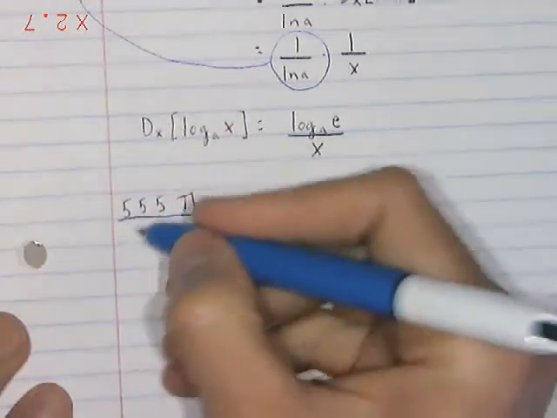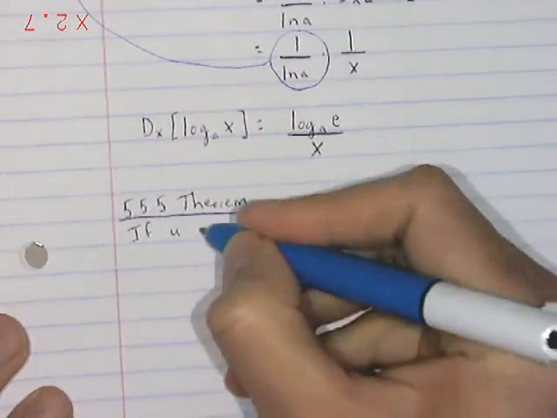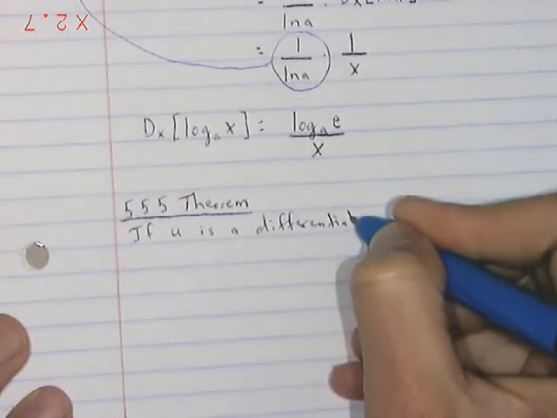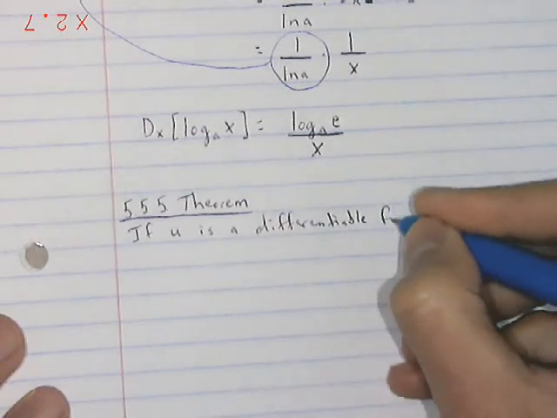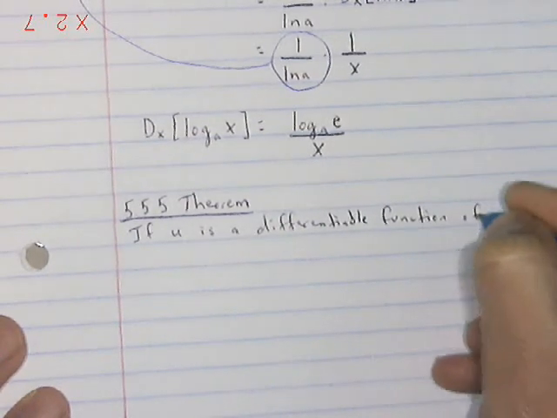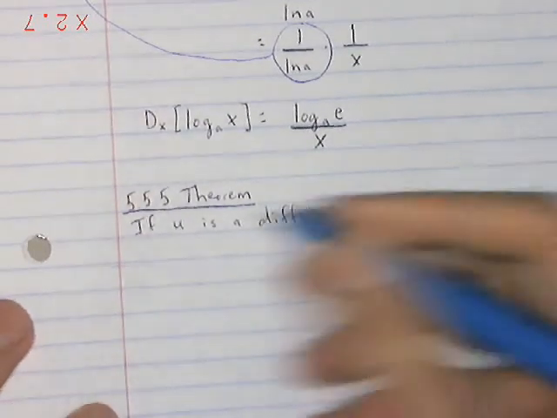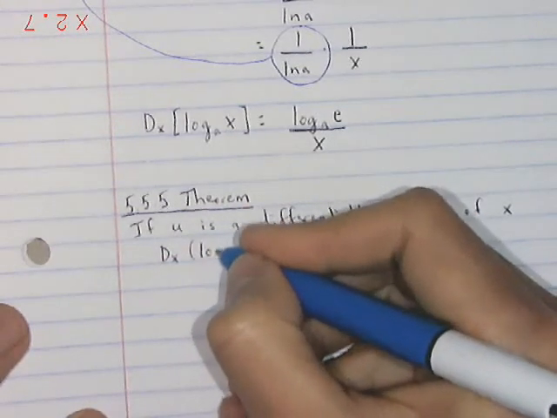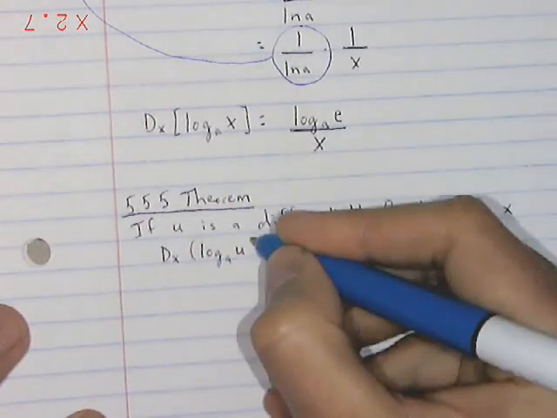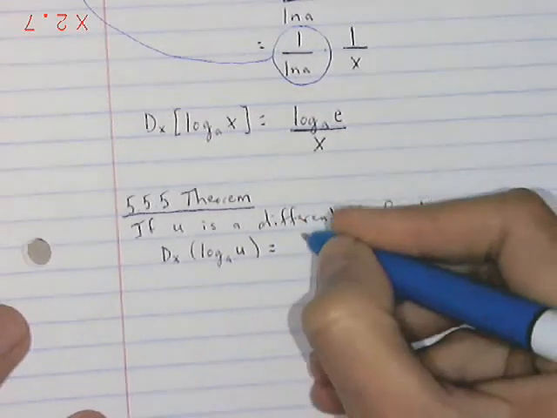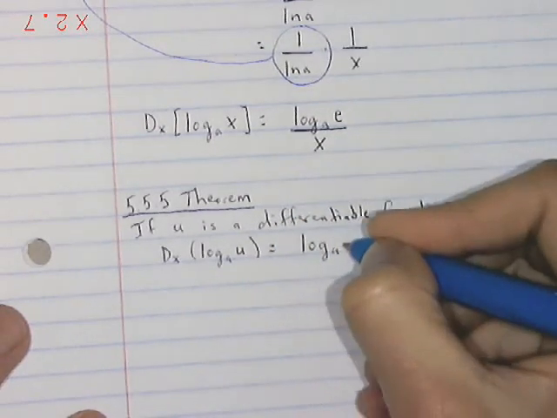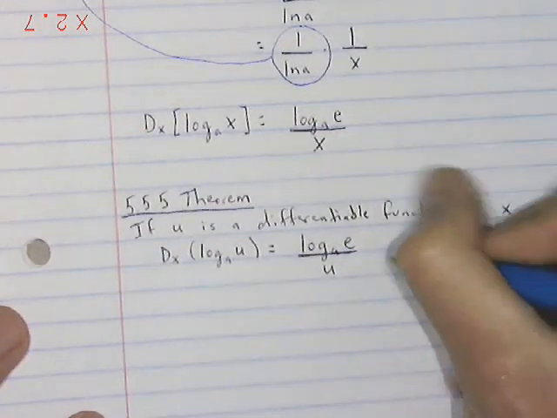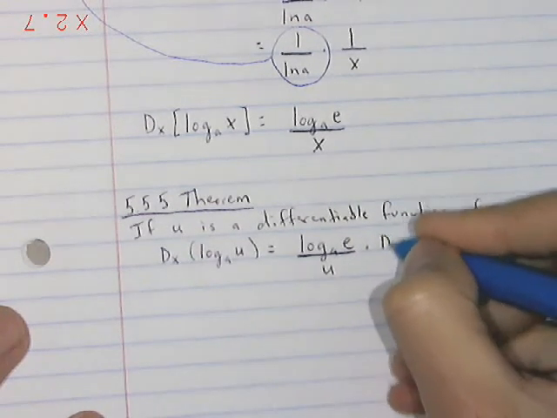Which says that if u is a differentiable function of x, then the derivative with respect to x of log base a of that function u is exactly equal to the log base a of e divided by u times the derivative of u.